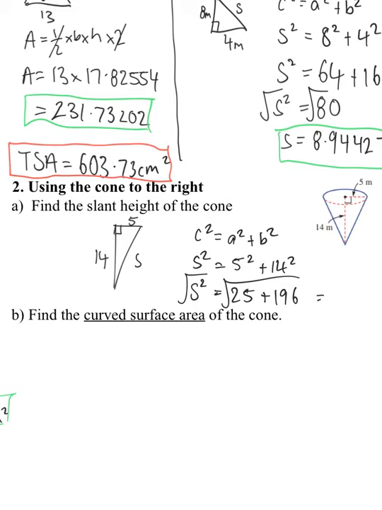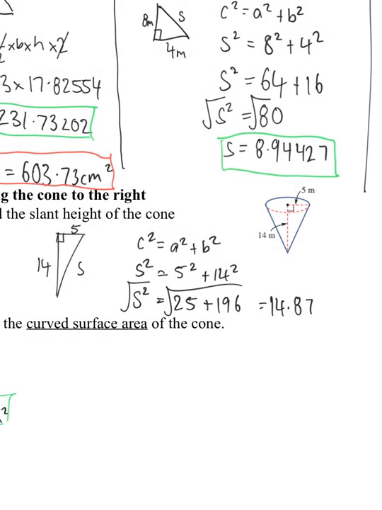However you like to do it. Or maybe they do, I'm not sure. I think the green calculators can be a bit pretentious, but we get 14.87 to 2 decimal places. And that's just the slant height in meters.